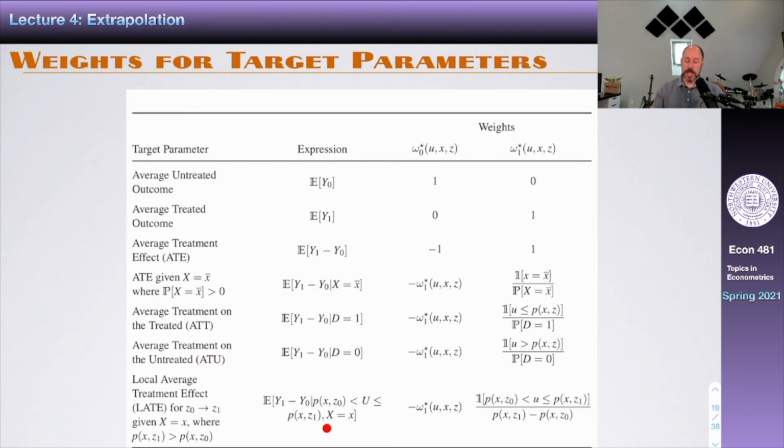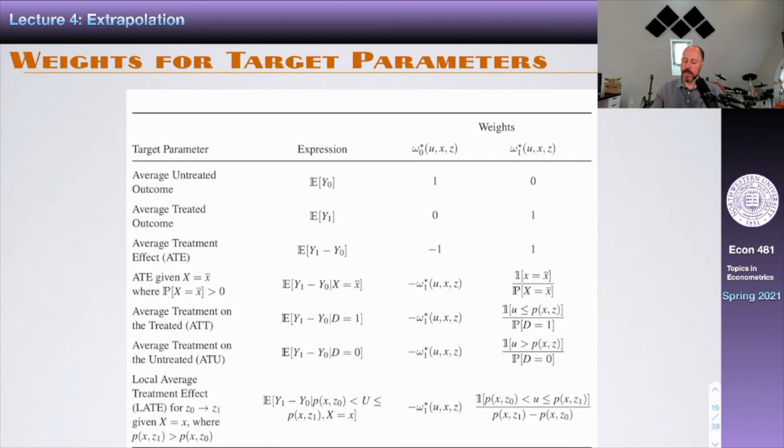What's the expression of the parameter? You all know this. Here you have the weights W0 and W1. And as you can see, there are a lot of cases in which the weight is just the negative of the other one. And then you see the functional form: the indicator X equal to little x divided by the probability X equal to little x.